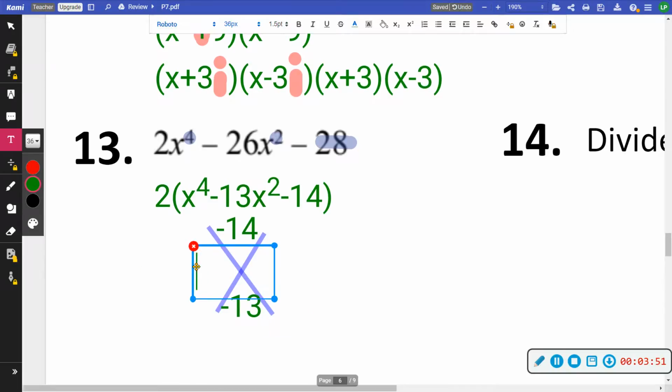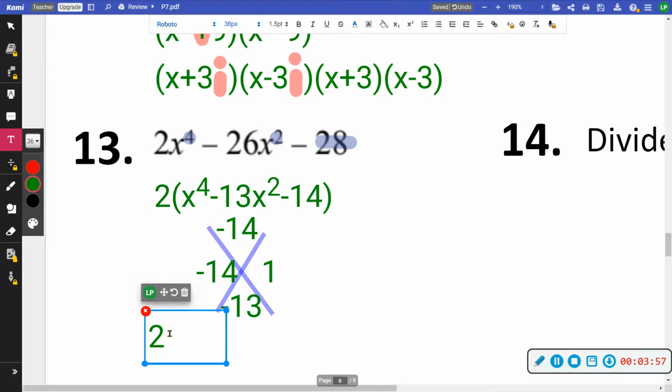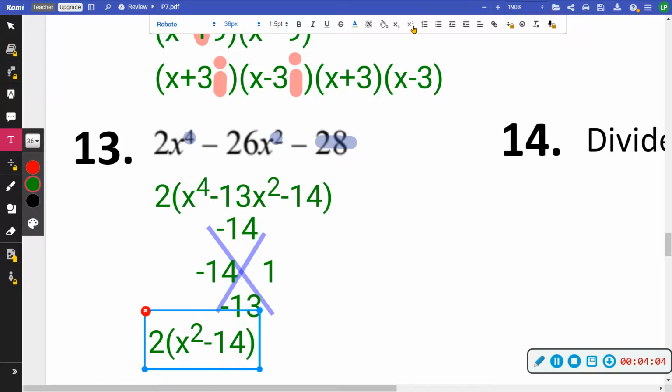That'd be negative 14 and 1. So putting all that together, I'd get 2 on the outside, x squared minus 14 and x squared plus 1.